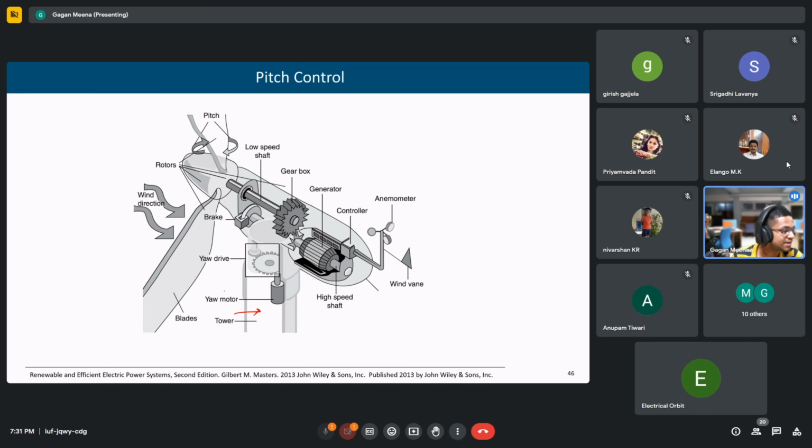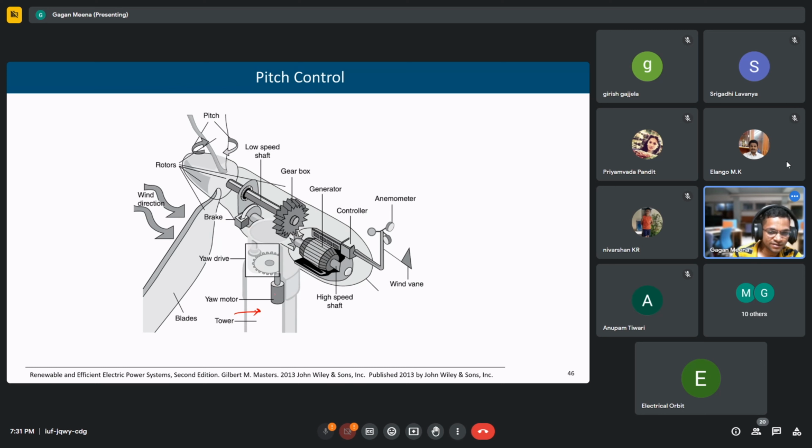There are two types of control here in a wind turbine. Actually there are total three controls. One is we try to track the maximum power. Then there are two other controls. One is this yaw control, and for that we have this yaw motor. This entire thing is resting on the tower.